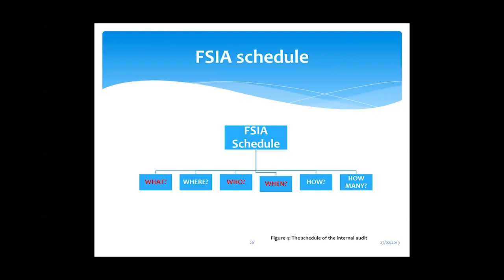This way there is no bias. So another person from another section can audit your area, and that way you get a very good picture of how you're tracking. Who is going to be doing the audit, when is the audit going to take place. You just have to plan how the audit is going to be addressed, and how many people are in the team. So this is just a basic food safety internal audit schedule structure.